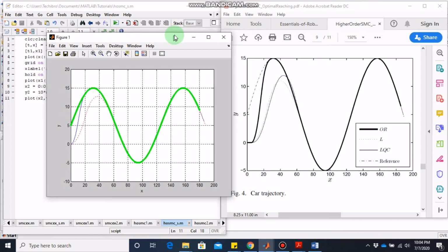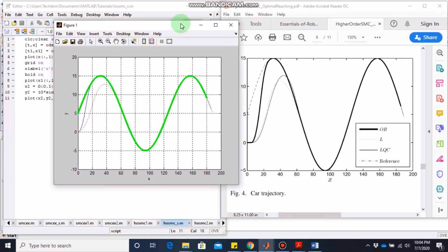You can see side by side that the green line shows the ideal trajectory, and this dash dot line shows the ideal trajectory that starts with 5 value, and then this blue line shows the trajectory that we plotted using the optimal control, and this is the trajectory that results from the Levant control, the Levant third order sliding mode control.